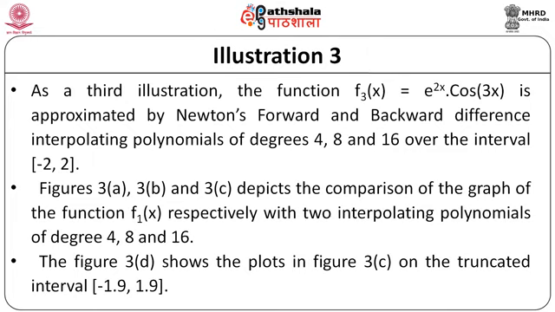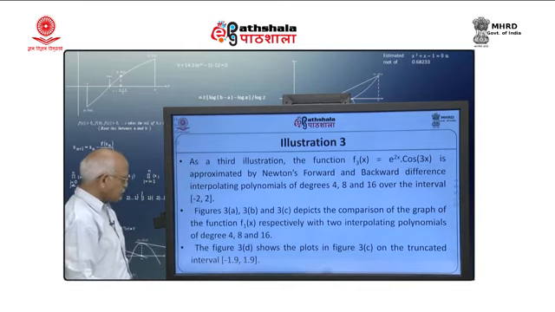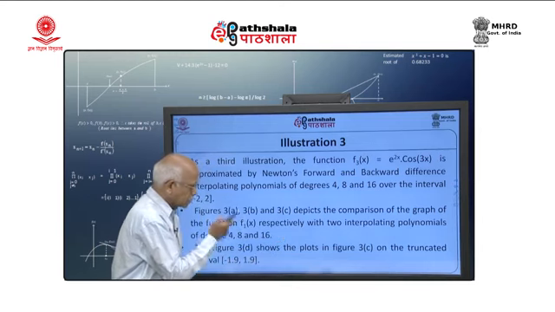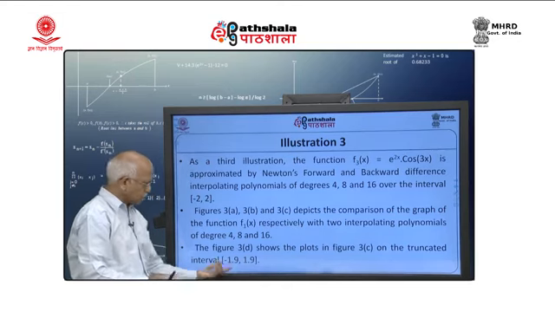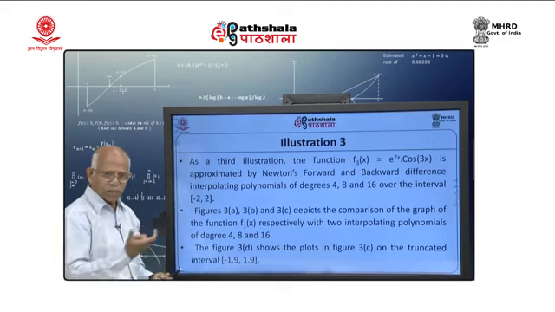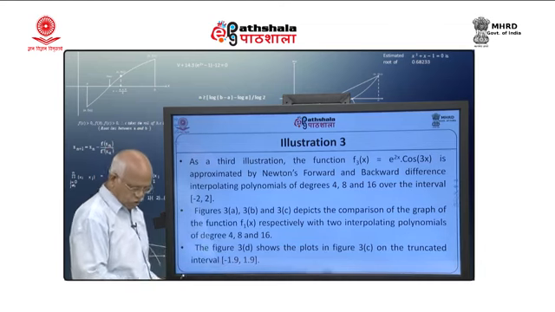Again I am doing the same thing: figures 3a, 3b, 3c depict the comparison of the graph of the function f3(x) with two interpolating polynomials of degree 4, 8 and 16, and figure 3d shows the plot of figure 3c on the truncated interval -1.9 to 1.9, because we wanted to check whether the phenomenon of large error towards the end exists for this particular function also or not.